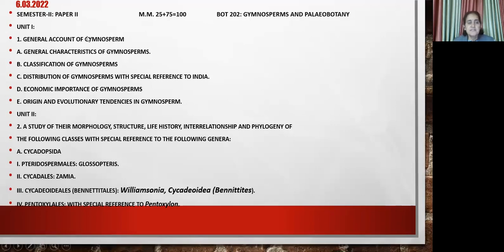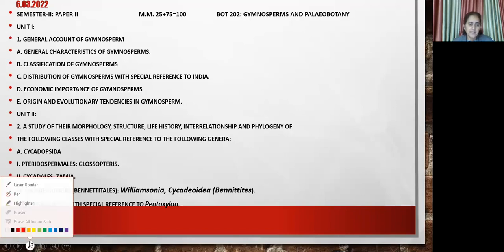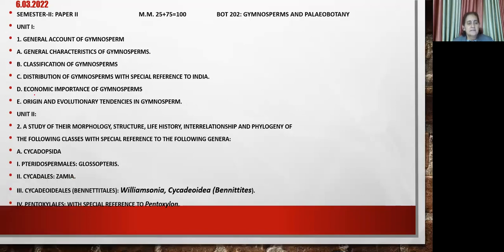Then unit 1 consists of general account of gymnosperms. First chapter, general characteristics of gymnosperm. Second, classification of gymnosperm. Third, distribution of gymnosperm with a special reference to India. Then, economic importance of gymnosperm.